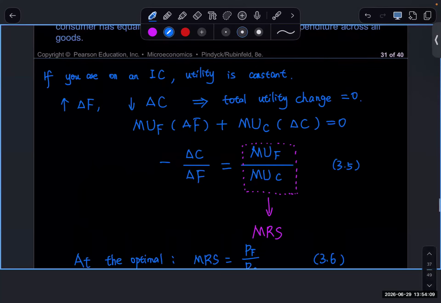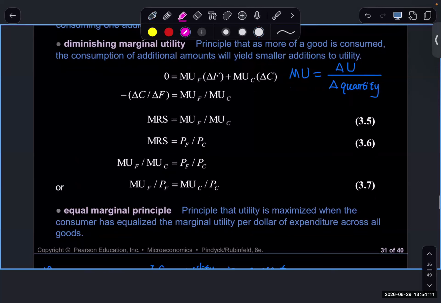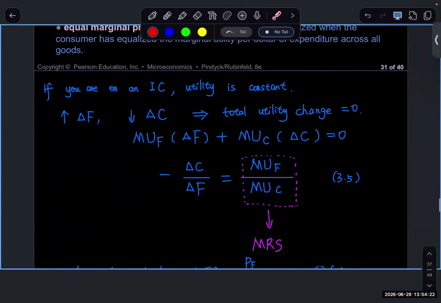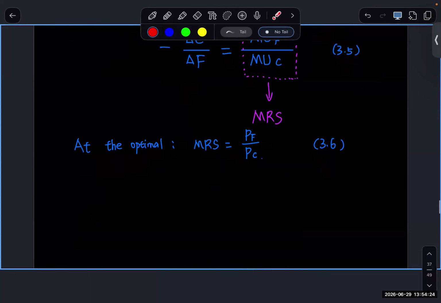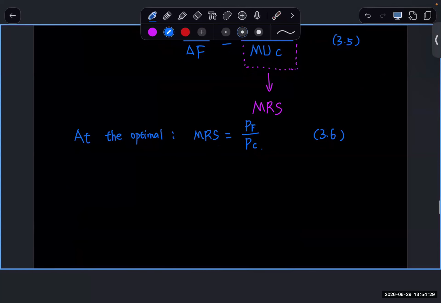Let me go back a little bit, okay? So you see here, 3.5 is MRS equals MUF over MUC, and 3.6 is MRS equals price ratio, okay? So it's the same here. And now we're gonna combine them.